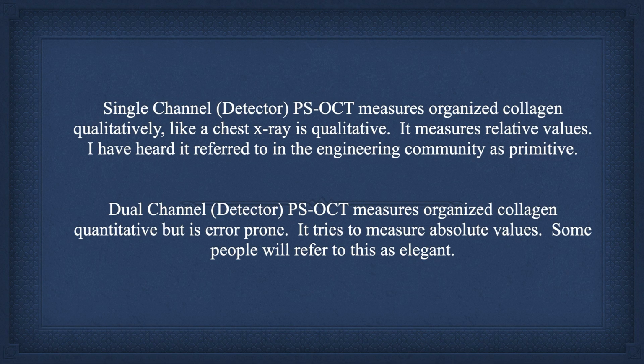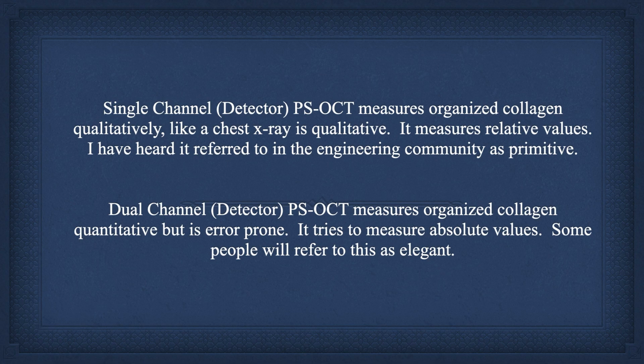It measures the relative values, just like you measure the relative value in a chest x-ray of the heart versus the lung. I've heard people in the engineering community call it primitive because the engineering in it is relatively simple, which I equate with not likely to be associated with a lot of errors.